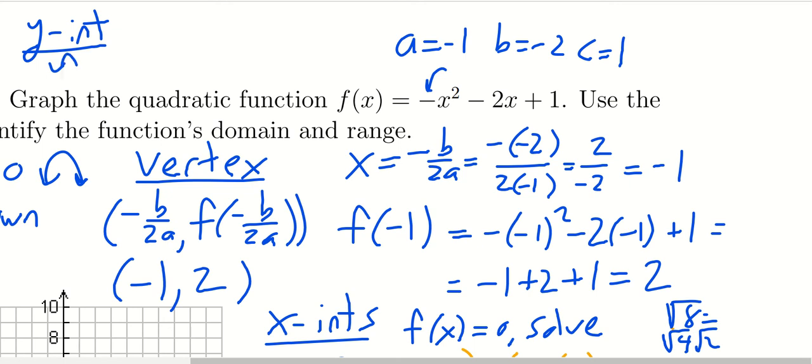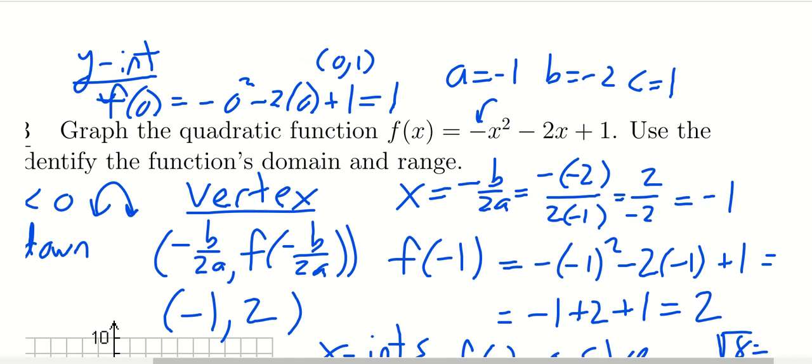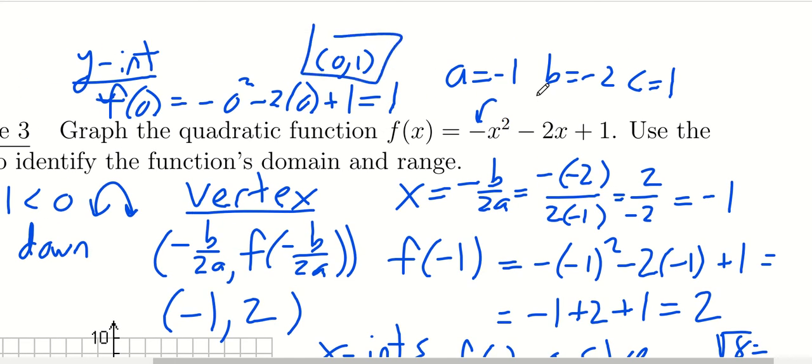So f of 0 is equal to -0 squared minus 2 times 0 plus 1, which is equal to +1. So our y-intercept is 0, 1.